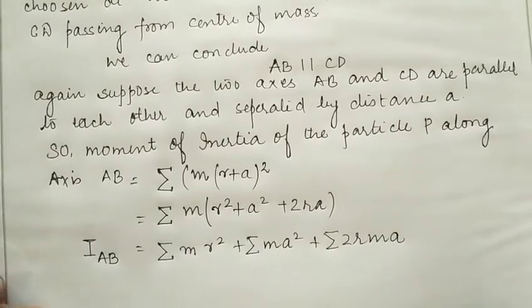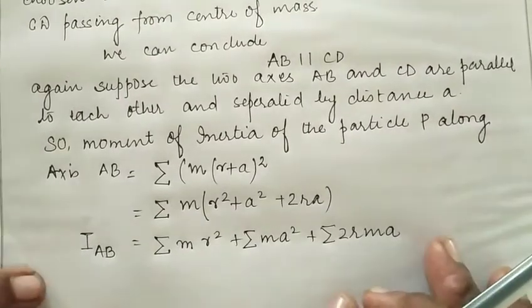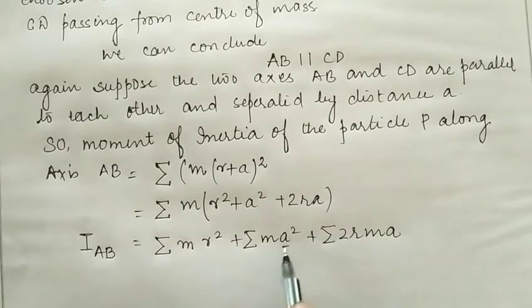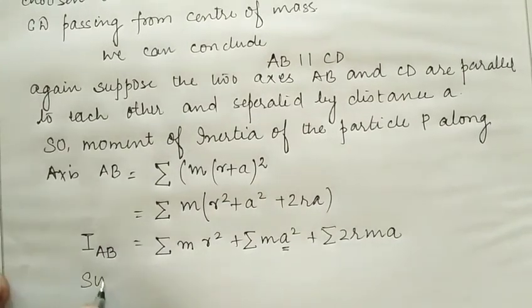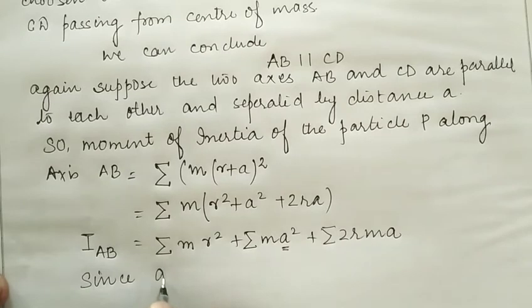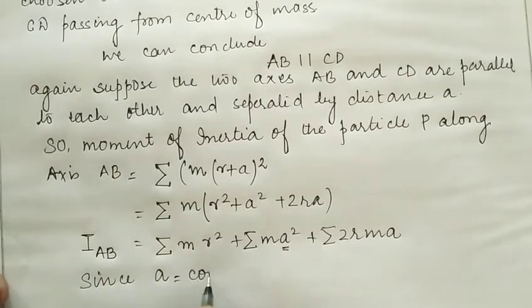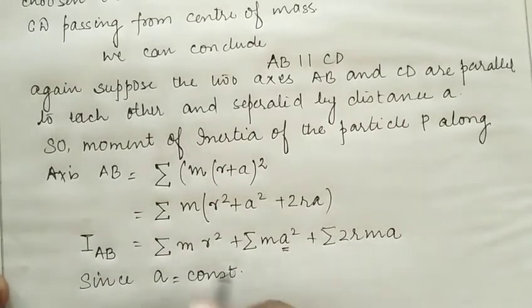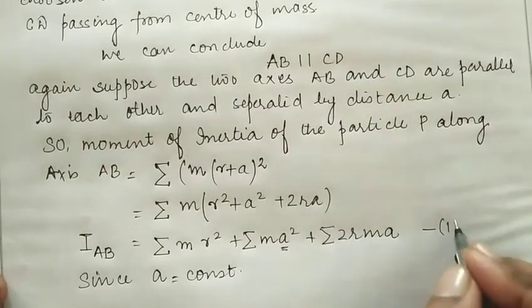Now we will calculate the moment of inertia of the body. Students, as we know, when a body is in rotational motion, its acceleration will be constant. Since acceleration a is a constant quantity for the rotational motion, let us suppose this is equation number 1.